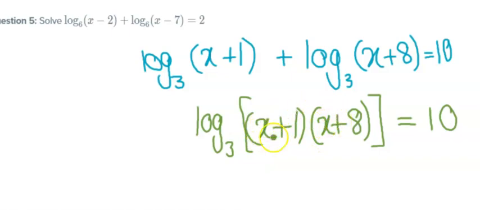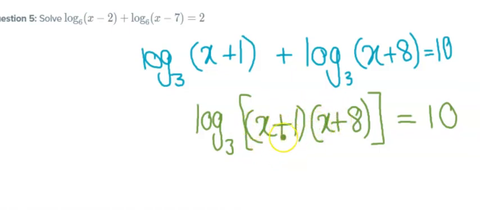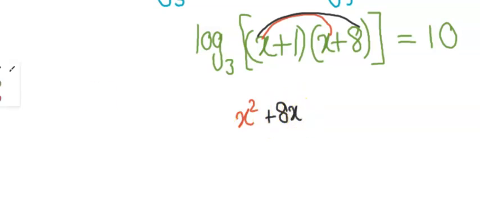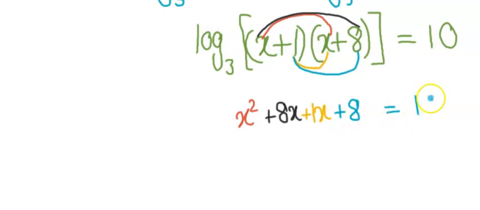When you multiply this, there is a rule because they are double brackets. You do this times that, you write down x squared. Then this times that, that's 8x. Then 1 times x, that's 1x. Then 1 times 8, that is just the number 8, and that's equal to 10.